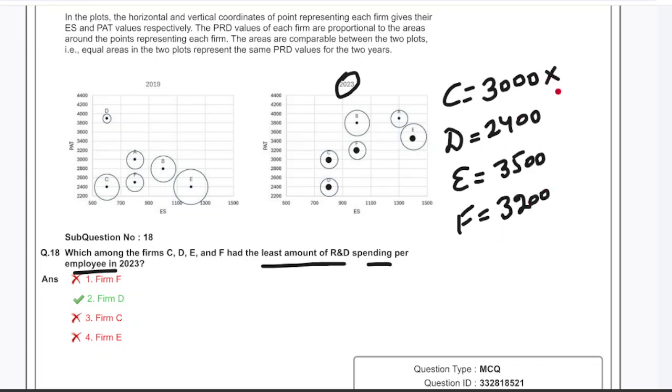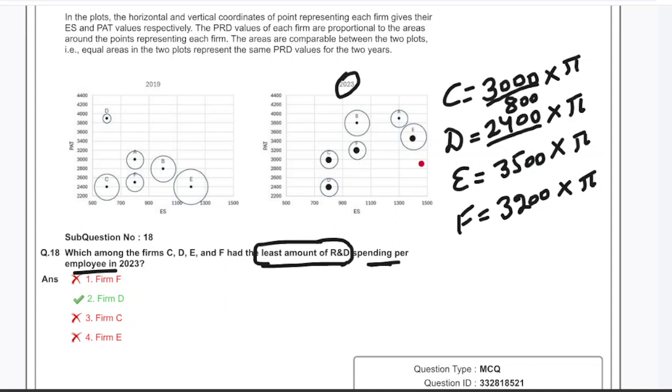Now, the area that we have to find out, the pi is going to be common everywhere. Pi r square, I mean. We have to see which has the least amount of spending per employee. So we have to find out per employee also. So for C, it is 3,000 by 800.